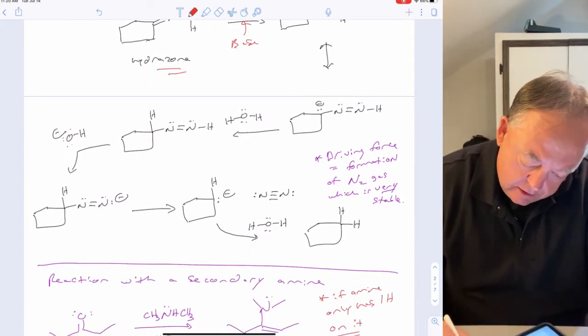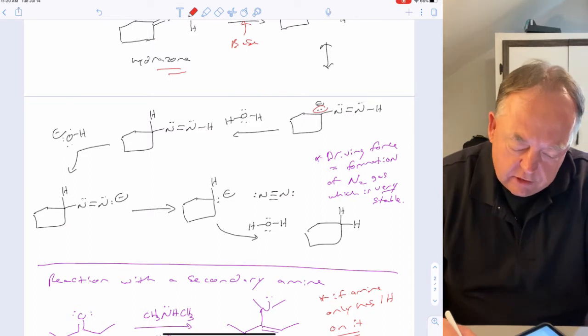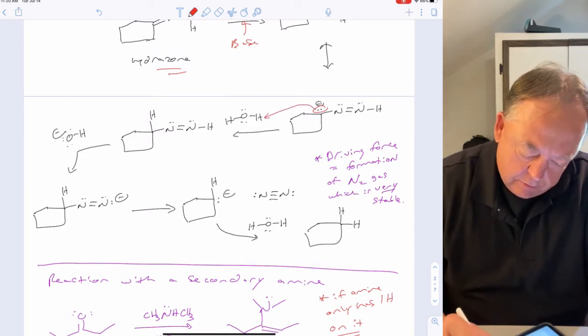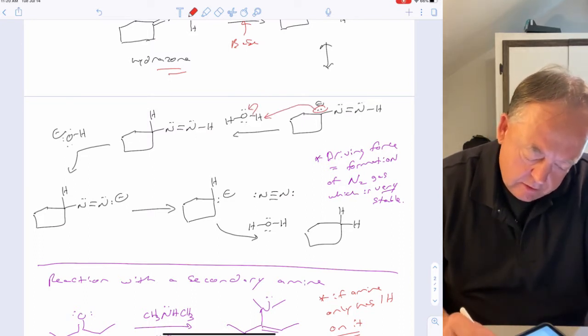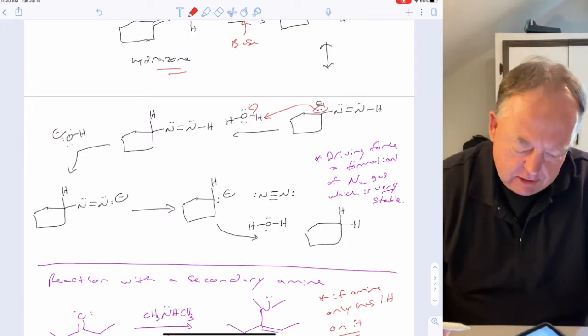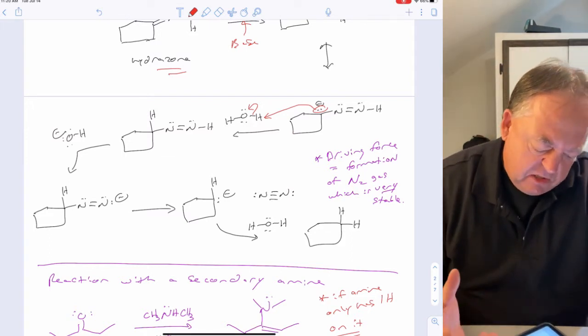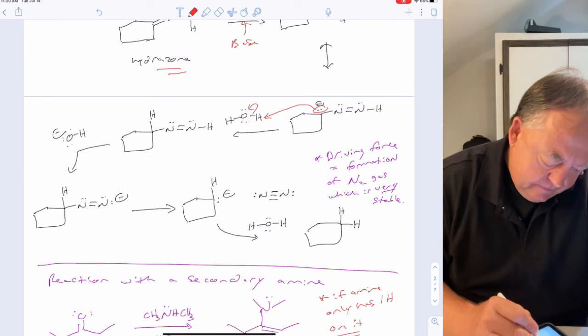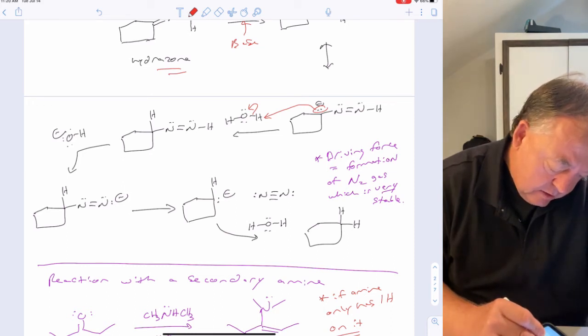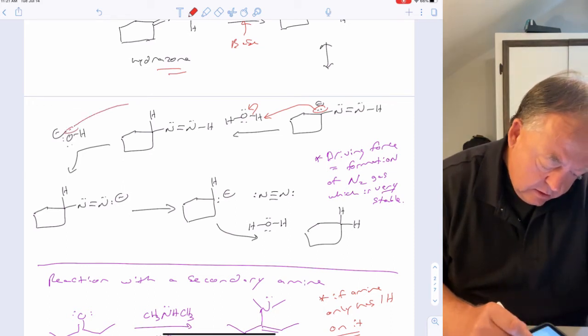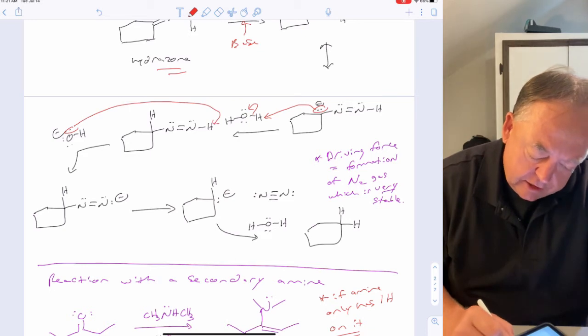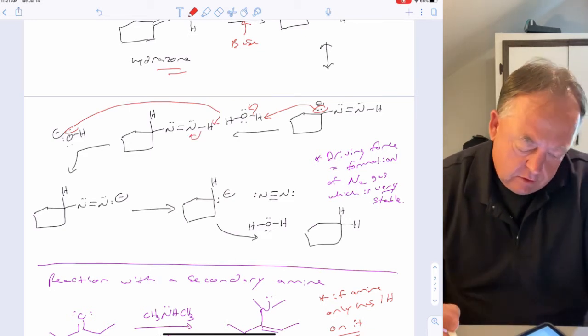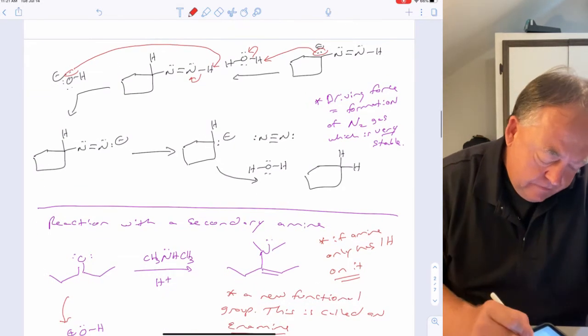And then this lone pair on carbon is a very strong base, so this can deprotonate a water molecule. So now you remade your hydroxide, and basically repeat the process. Now another hydroxide takes the second hydrogen from there. Those electrons become a lone pair on nitrogen.